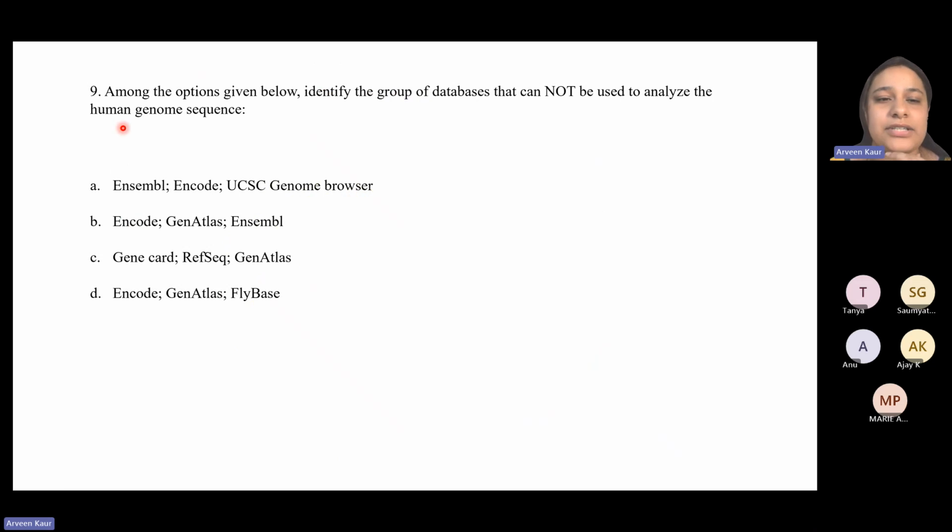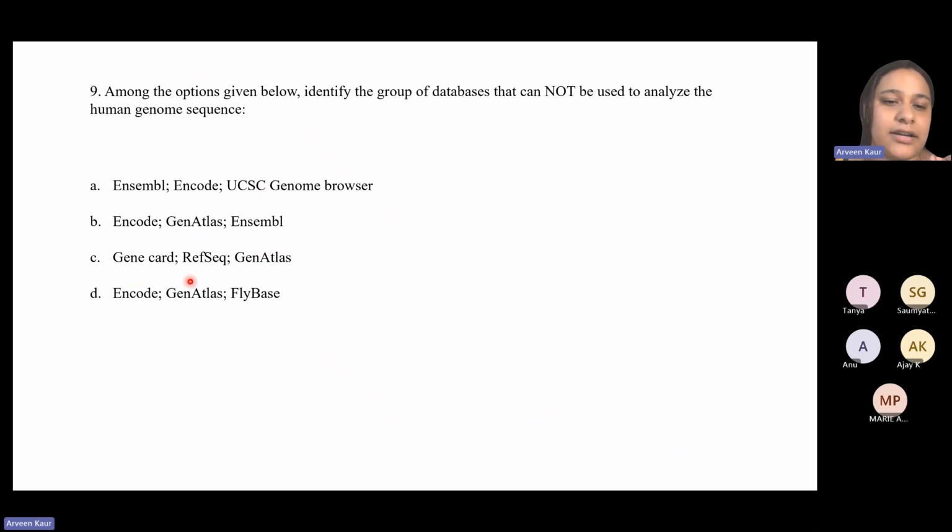Okay, so coming on to question number 9: among the options given below, identify the group of databases that cannot be used to analyze human genome sequence. It is a very simple question because of the options. A is Ensembl, ENCODE, UCSC Genome Browser. B is ENCODE, Gene Atlas, and Ensembl.